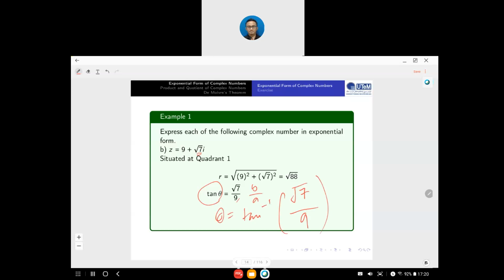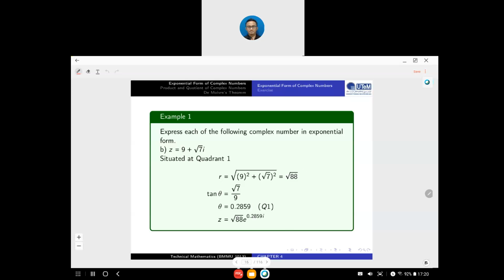Just press your calculator, make sure your calculator must be in mode radian. So you can get the value of 0.2859. Since you already have the value of r and the value of theta, you can get z. z equal to square root 88 exponent 0.2859i. So that is the answer for example 1.